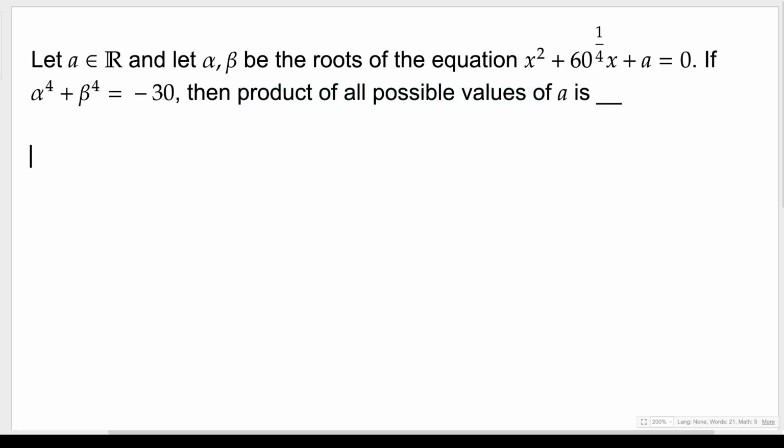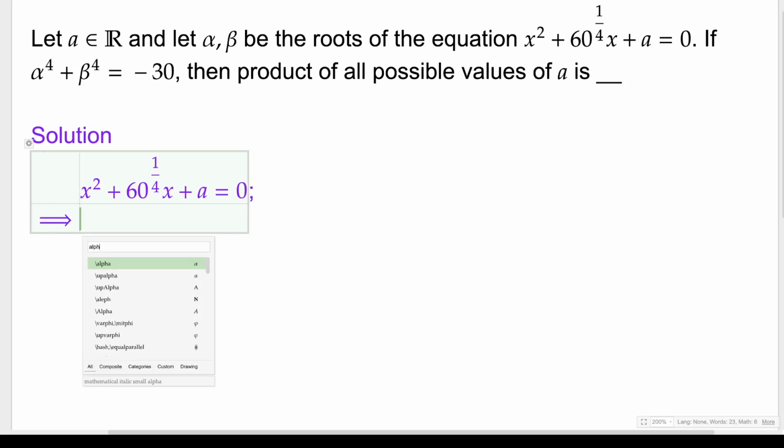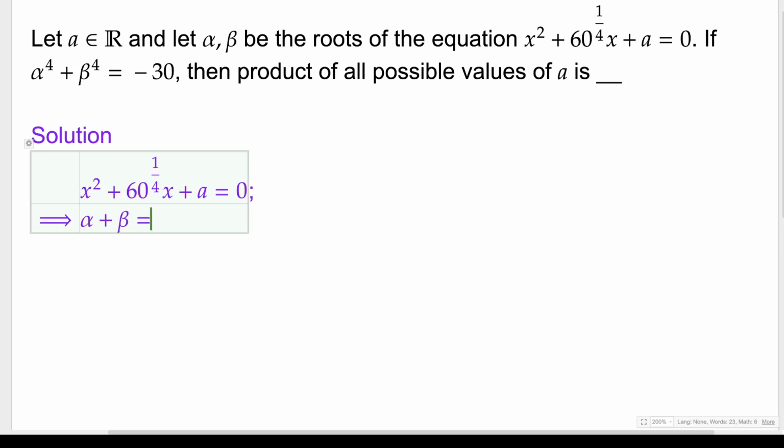Now, first of all, this is the given equation. From this one we can say that the sum of roots, that is alpha plus beta, is minus coefficient of x over coefficient of x square, minus b over a.